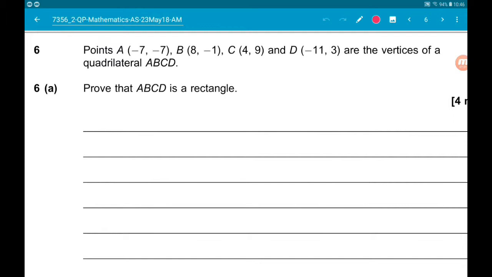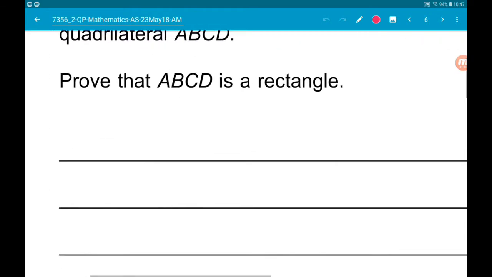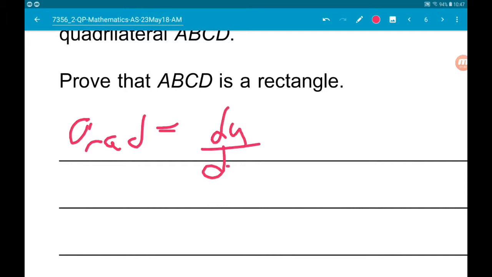So the way that I'm going to do this is by finding the gradients of, first of all, four sides. So, gradient is difference in y over difference in x.